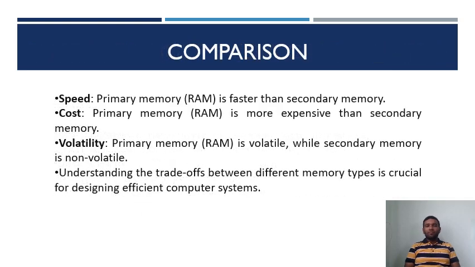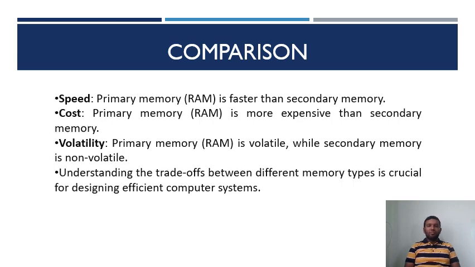And the next one is the comparison. Speed: primary memory, which is RAM, random access memory, is faster than secondary memory. The next one is cost. Primary memory, that is RAM, is more expensive than secondary memory. Volatility: the primary memory is volatile while secondary memory is non-volatile.